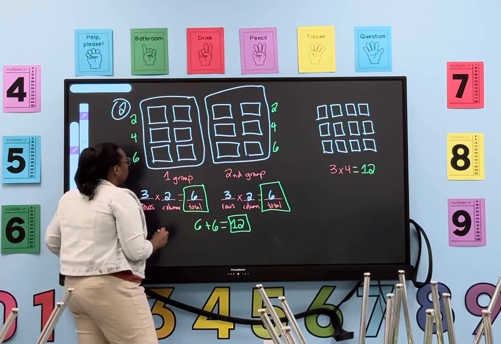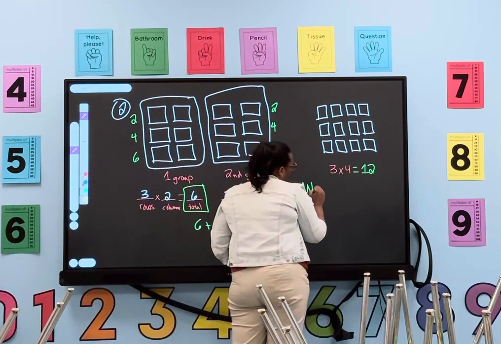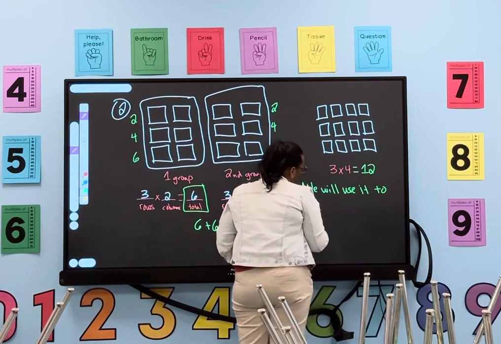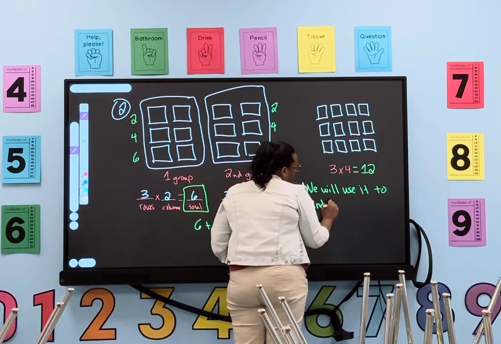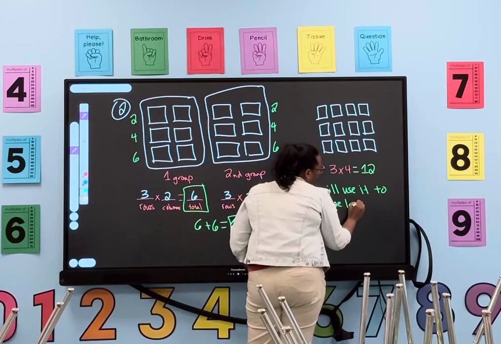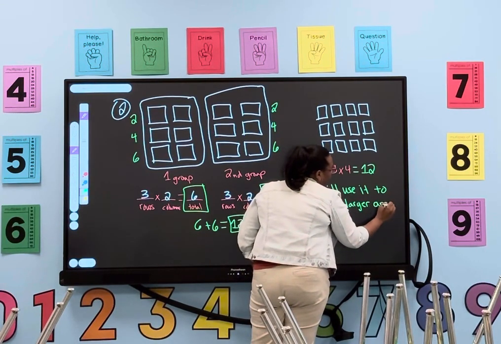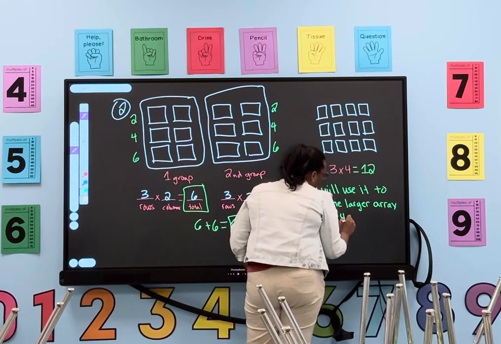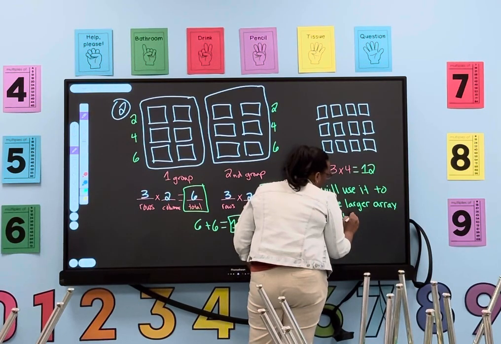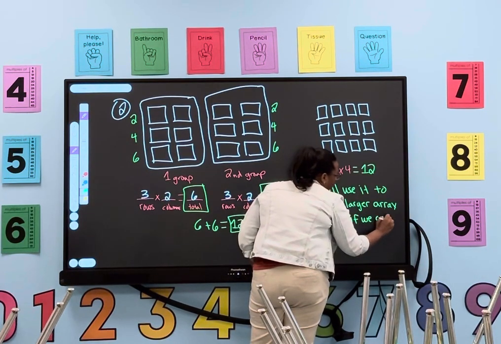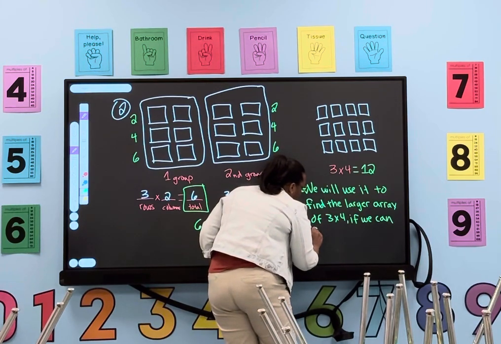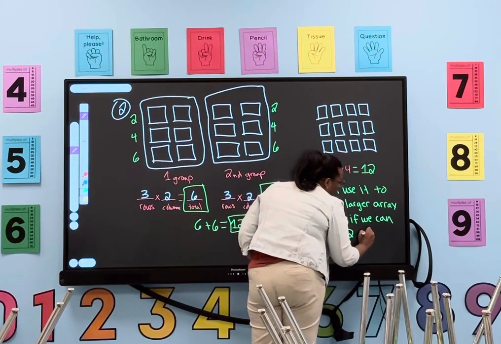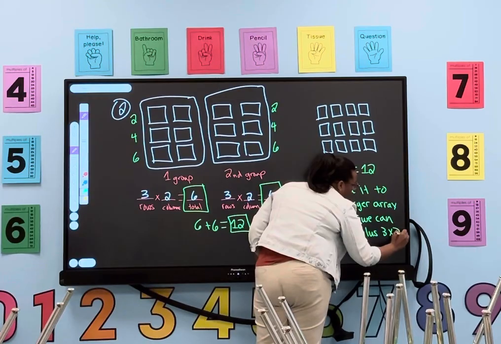You can say, we will use it to find the larger array of 3 times 4 if we can find 3 times 2 plus 3 times 2.